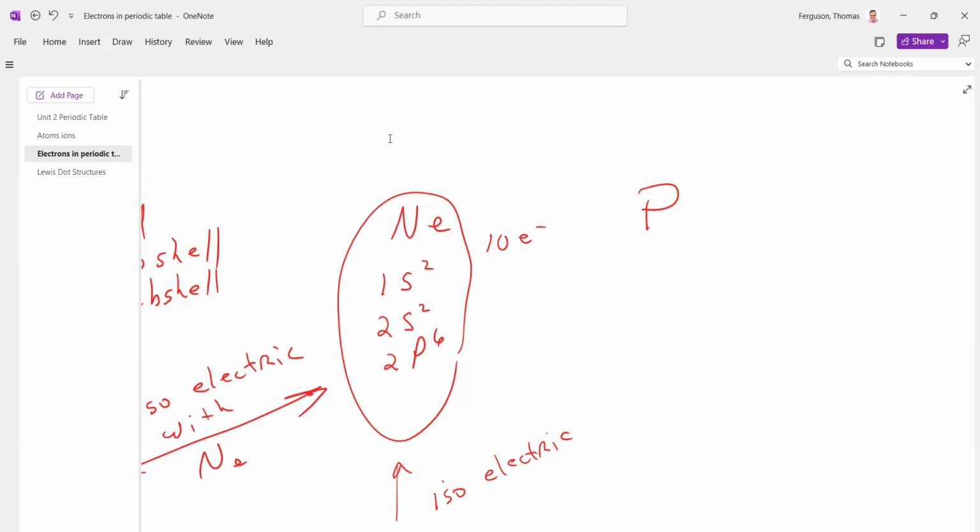Okay, so let's go ahead and do this. It's got 15 electrons. We have to find places for those 15 electrons.